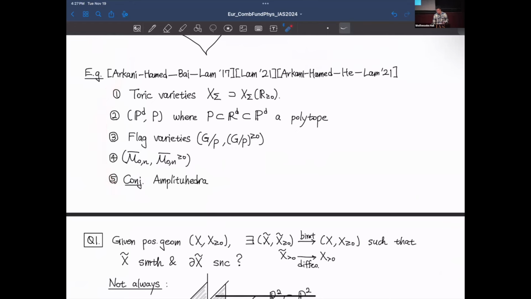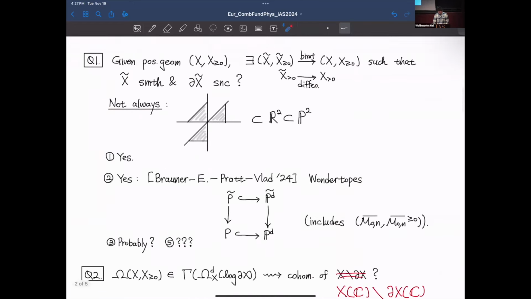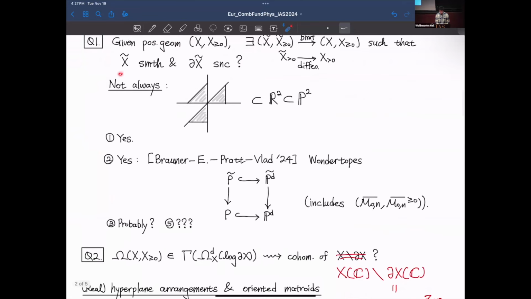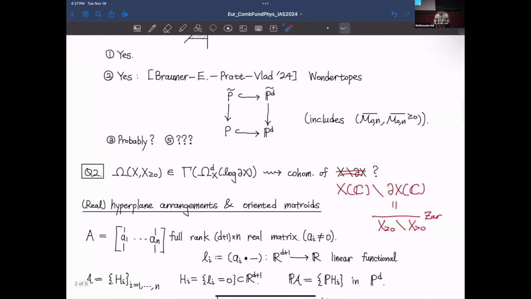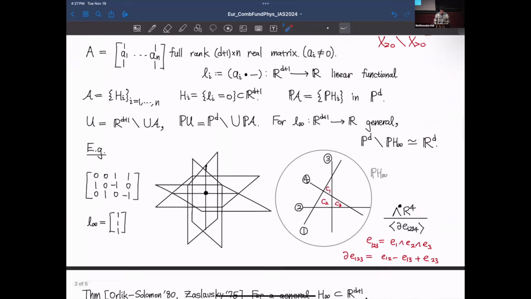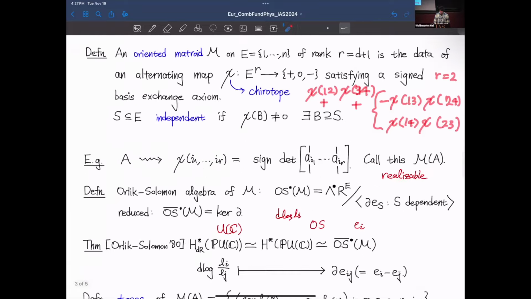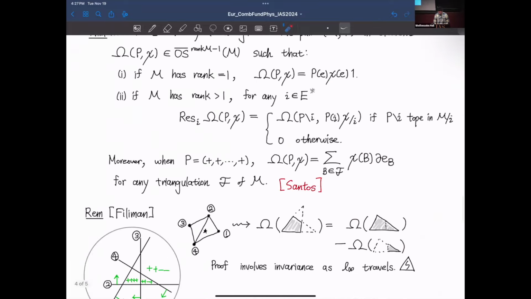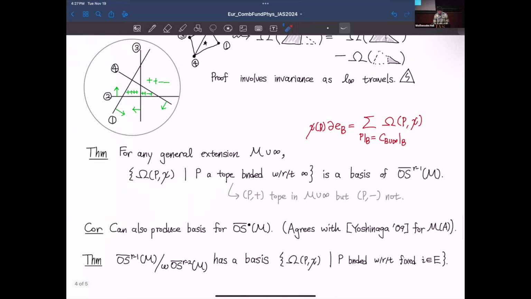And one can try to run a similar program where you look at some nice boundary behavior, or, well, the canonical forms must tell me something about the cohomology. In the hyperplane arrangement case, it's the nicest scenario. In other cases, what would happen? I don't know. So I think there's much to be explored, even for purely mathematical purposes. And I hope many of those things might start in this conference. And with that, let me end here.